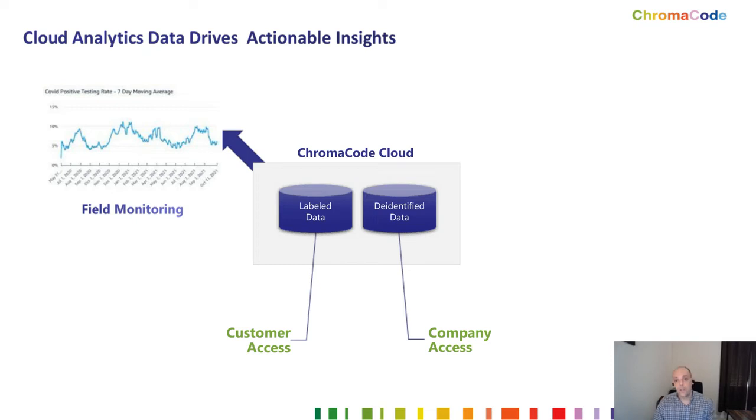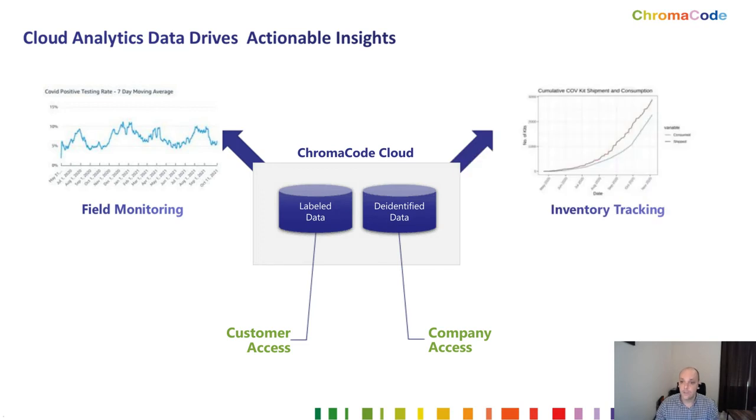And so that helps us understand, is there a variant that's coming that's going to need us to spin up operations? As an example, are we going to need to be making more tests to support the field? How is it performing? Do we have one of our targets dropping out, an S gene target or an N gene target, that may be indicative of a new variant that we have to respond to quickly? Having that data in real time is really powerful.